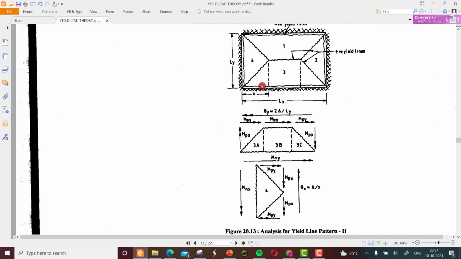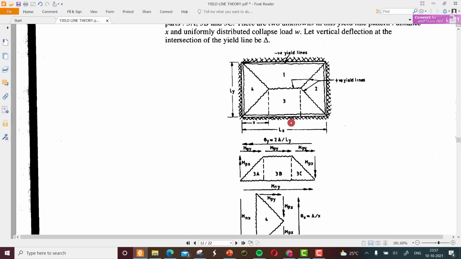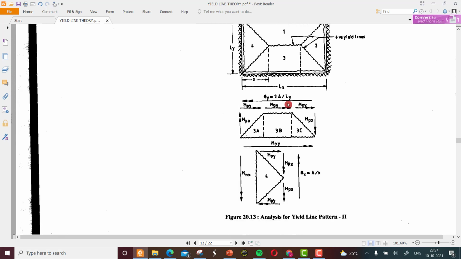We are taking only segments 3 and 4, considering that 1 and 3 are identical, and 4 and 2 are identical, and we are dividing the trapezium into three segments: two triangles and one rectangle. So the free body diagram looks like this, and Mny is a fixed end moment at this support, and 3A, 3B, 3C.